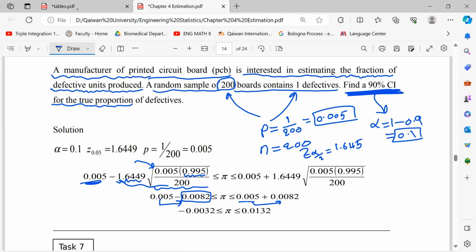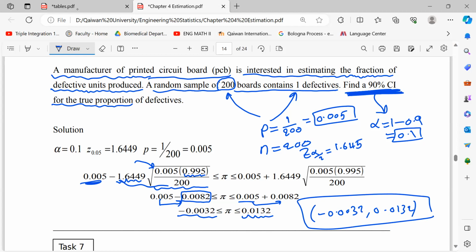And the result is minus 0.0032. And in the right, we have 0.0132. So our interval is minus 0.0032 and 0.0132. This is the interval. So the population proportion is in this interval.